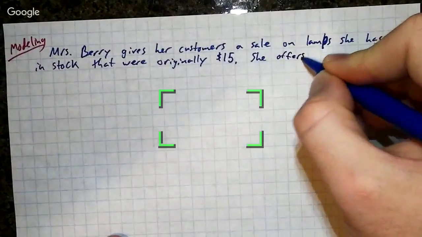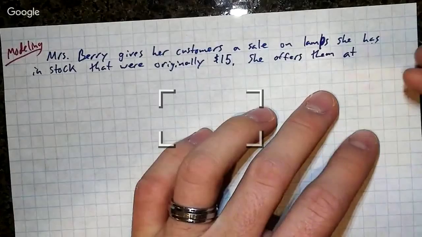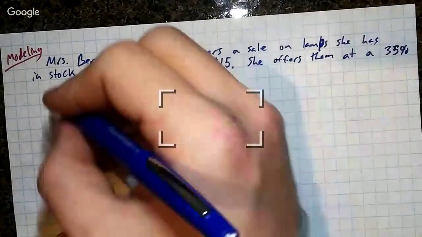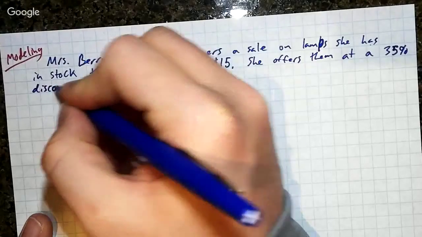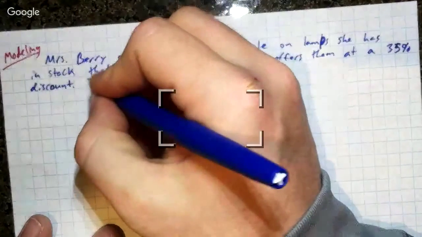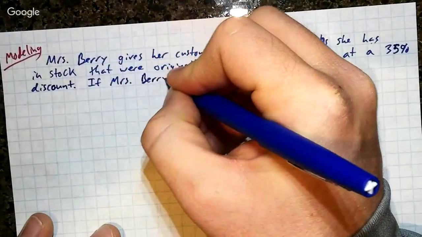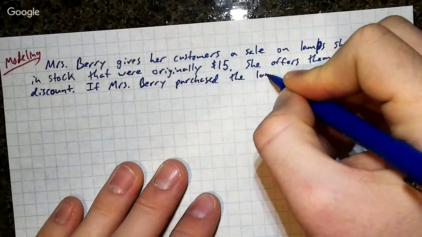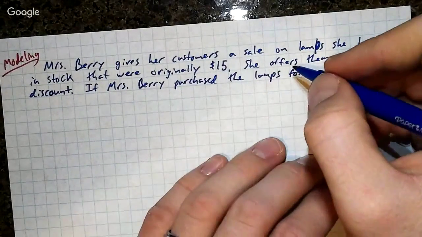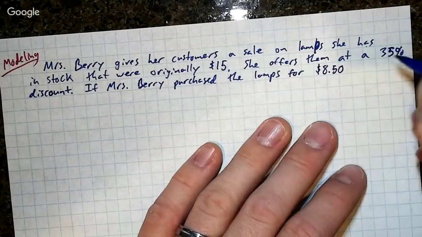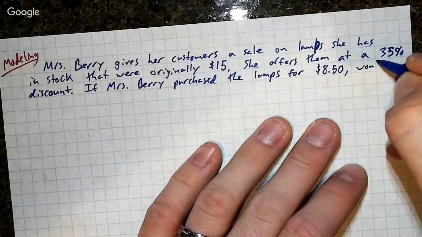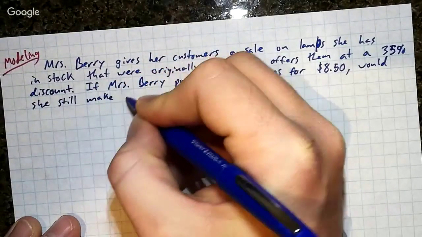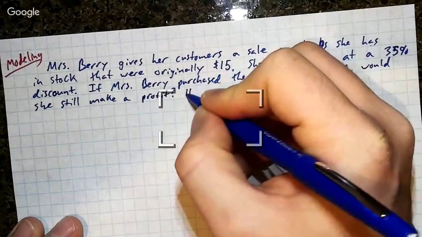She offers them at a 35% discount. If Mrs. Berry purchased the lamps for $8.50, would she still make a profit? How much?